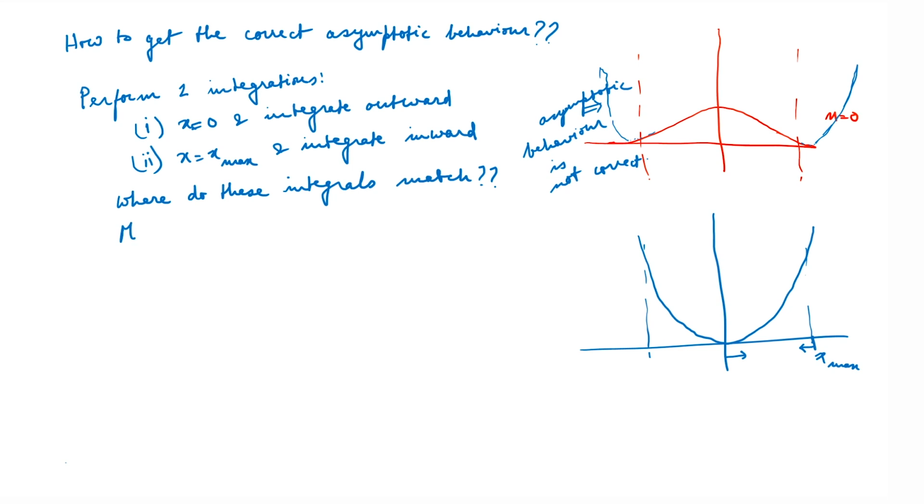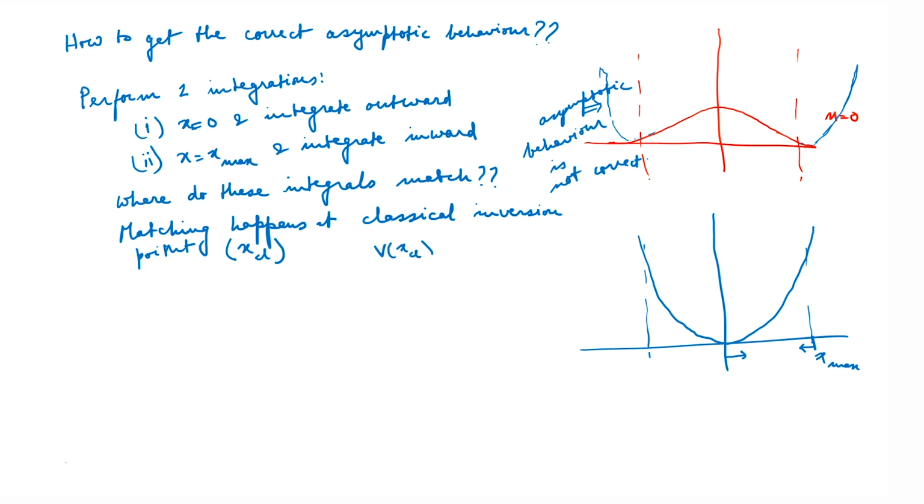So, the matching happens at the classical inversion point, which I am calling XCL. What does one mean by this? What one means is that at this value, at V of XCL, the energies are the same.